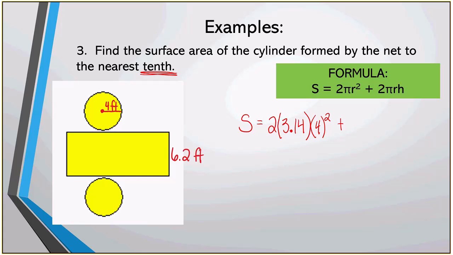Then we're going to add 2 times 3.14 times the radius again, now times the height. The height of that cylinder is 6.2 feet. This is a really tall cylinder. Why would we have a cylinder this big? I don't know.